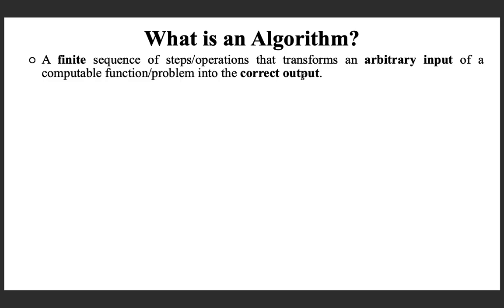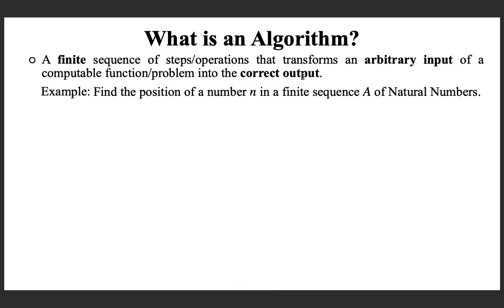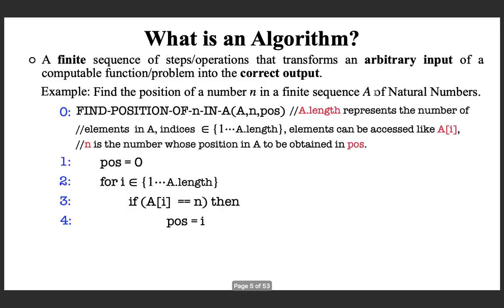If you want to look at an example, consider the problem of finding the position of a number n in a finite sequence A of natural numbers. So, given a finite sequence capital A of natural numbers and another number, say key, you have to find the position of that number in the sequence if it is present. You can have a finite procedure like this.